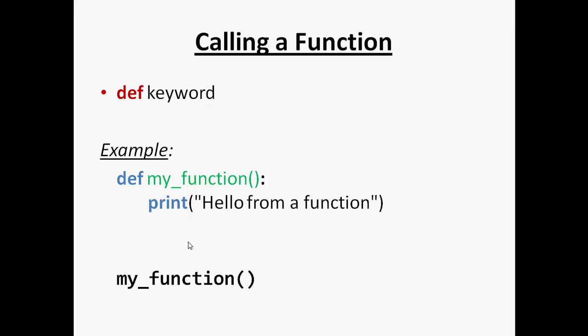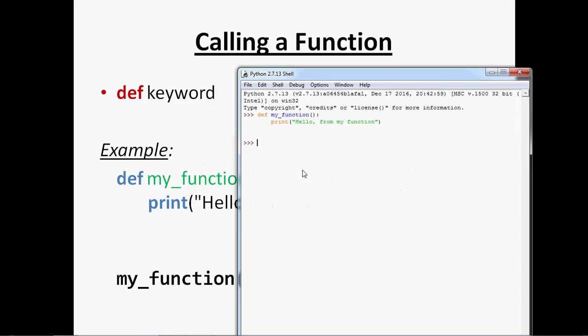Now we will look how to call a function. To call a function, first we need to define a function as we just did, and to call it, just write the name followed by these braces and pressing enter will call the function. I have already defined the function.